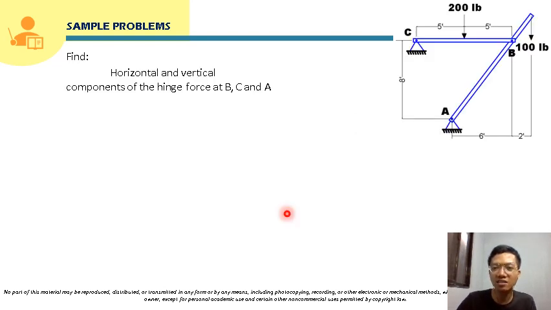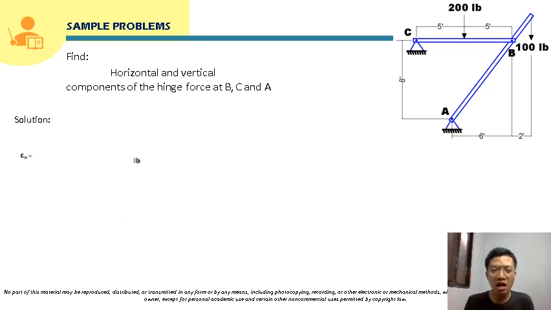So again, this is our given truss, and we are going to solve for the horizontal and vertical components of the hinge force at B, C, and A. Okay, so for our first step, we will try to solve for the reaction force using the free body diagram of the entire structure.